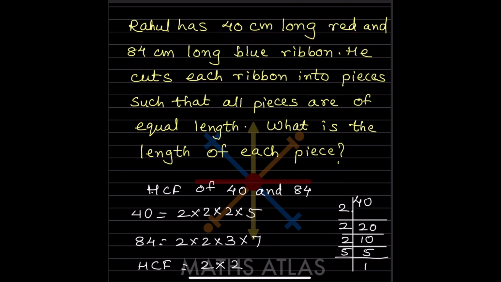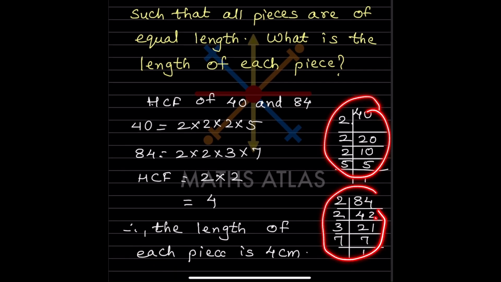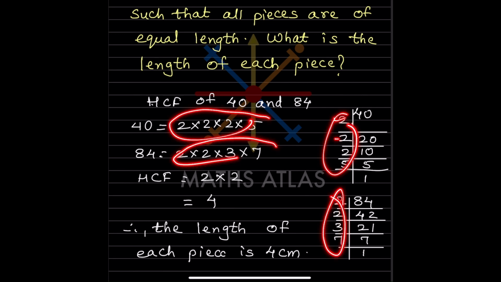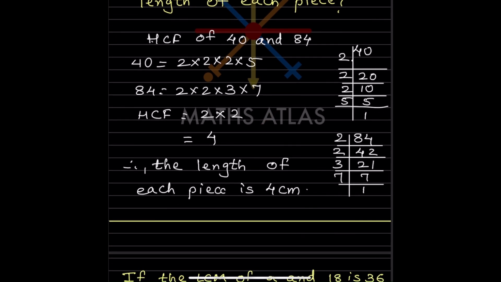So we'll take the HCF of 40 and 84. With the help of prime factors, we'll take. So these are the factors. HCF means the common ones. So that is only 2 into 2, that is 4. So therefore the length of each piece is 4 centimeter.